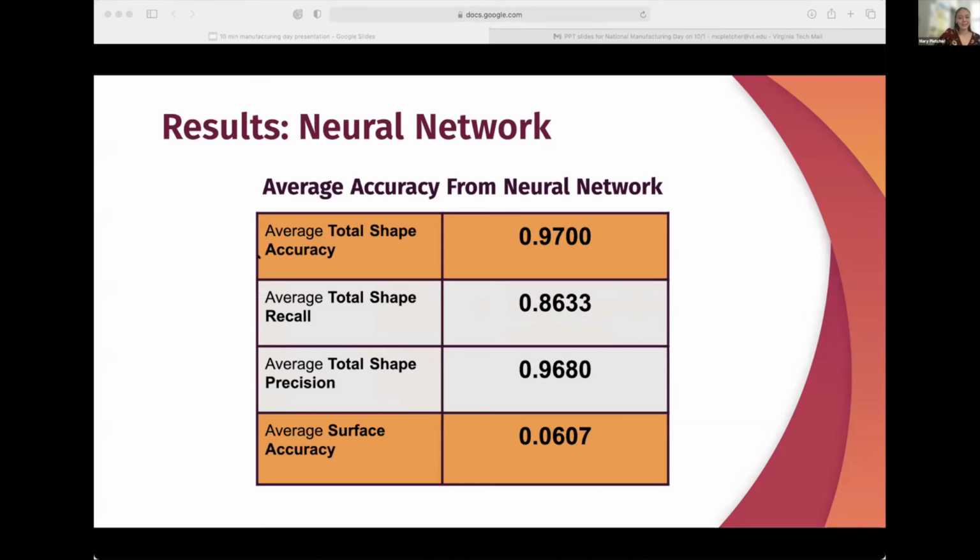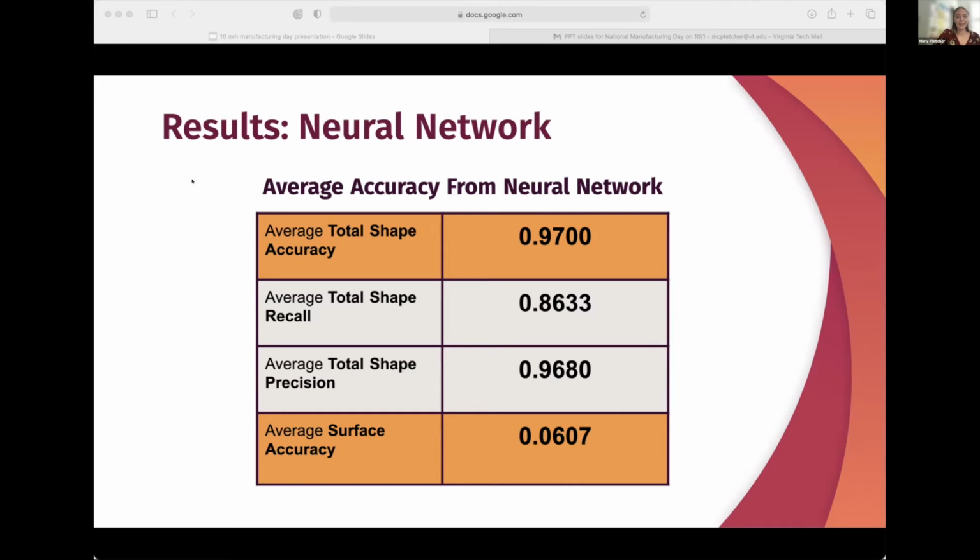And so here are the results. There was a 97% total shape accuracy. So the neural network was able to be 97% accurate when predicting what the final print would look like. However, there's only a 6% accuracy of the surface. So when looking specifically at the surface features of the printed part, the neural network was far less accurate.